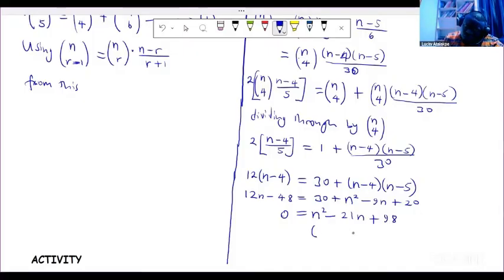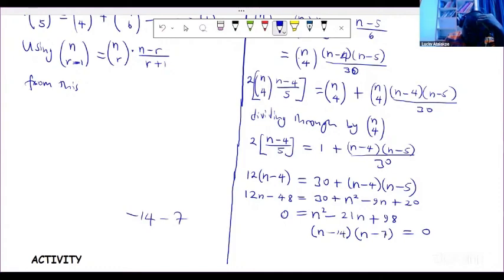If you solve this quadratic equation for n, two numbers I will multiply to give me 98, and if I add, I will get 21. They are minus 14 and minus 7.